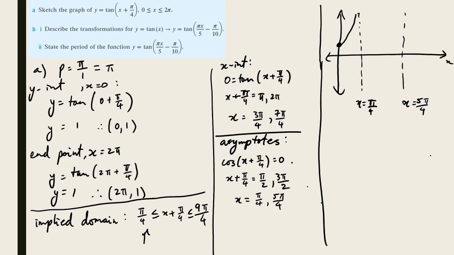Now we're starting at 1. Put in our x-intercept. And then we end at 2 pi and 1.